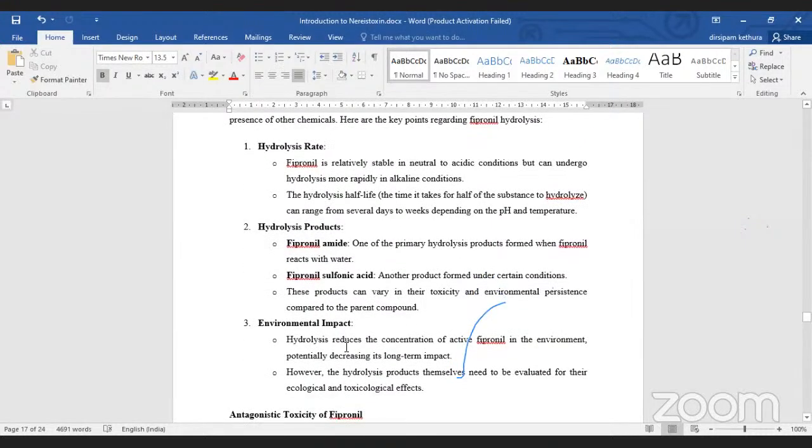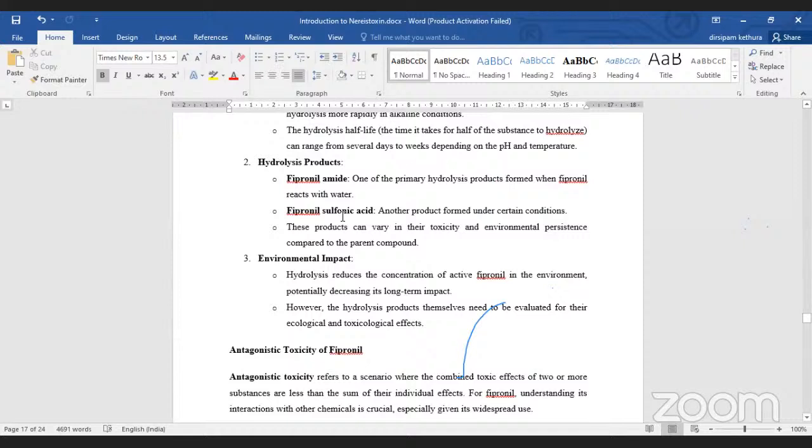Fipronil is relatively stable in neutral to acidic conditions, but can undergo hydrolysis more rapidly in alkaline conditions. Under alkaline conditions, degradation increases with pH, but hydrolysis may not be the major degradative pathway for fipronil since it is stable at typical environmental pH.